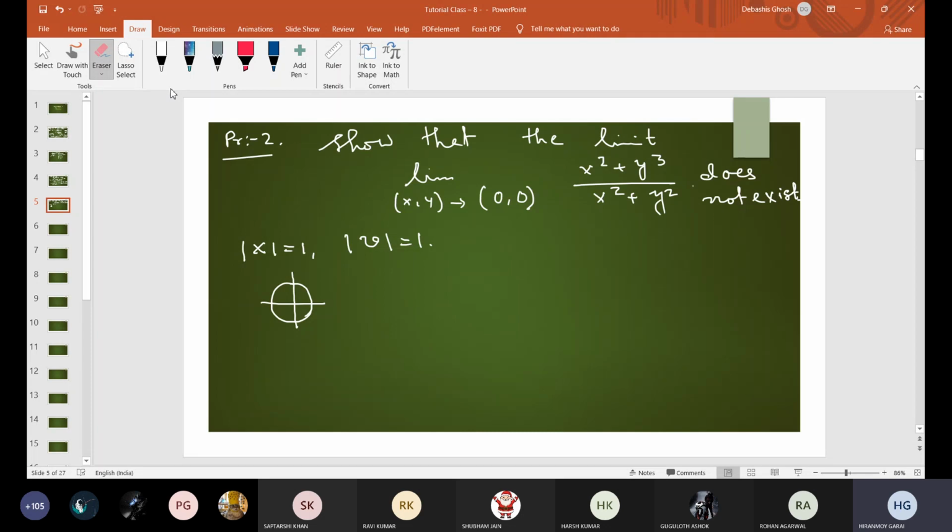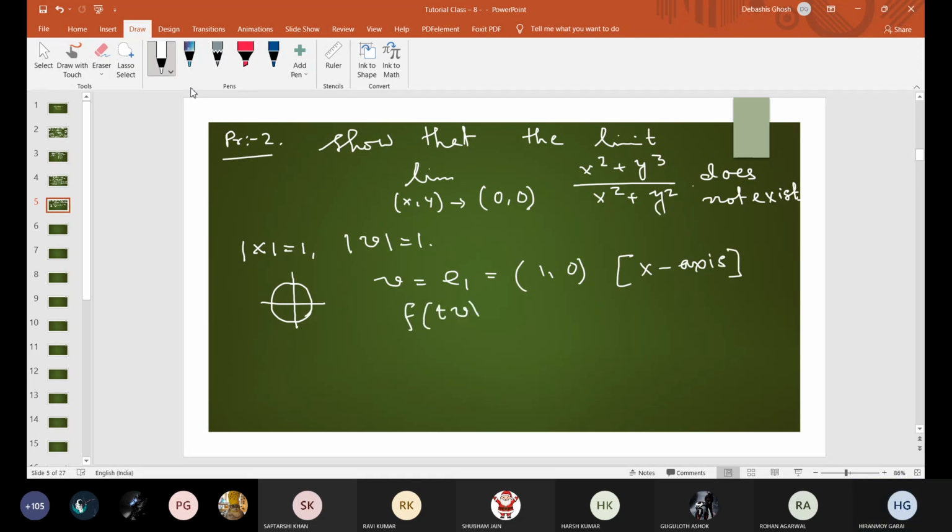So if you are choosing v equals to e1, the point 1 0 on the x-axis, then you have f of tv, that is 1 0, so that comes to t square by t square, which is equals to 1.